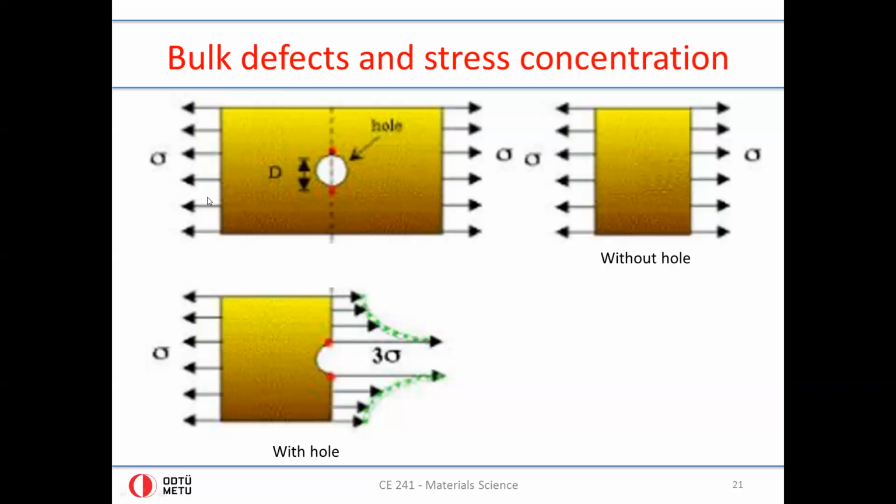So let's start with an imaginary plate shown in yellow. You can have in this plate the absence or the presence of a hole. So if you were to start with a rectangular plate and pull on it from two sides in opposite directions, if there were no hole, what would happen is possible to represent as such without a hole.